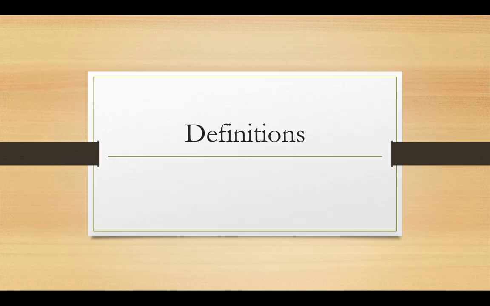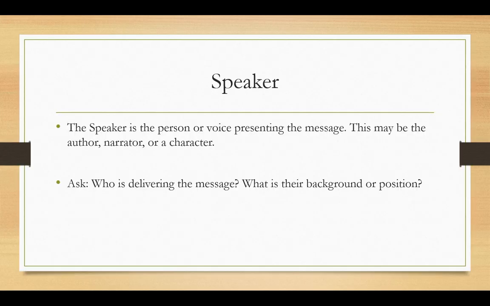Let's start with definitions, starting off with speaker. The speaker, in summary, is basically the person communicating the message. Sometimes that could be the author, however, other times that could be a narrator or a character inside the story.